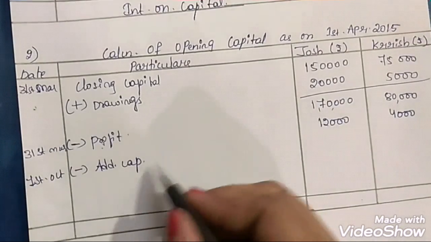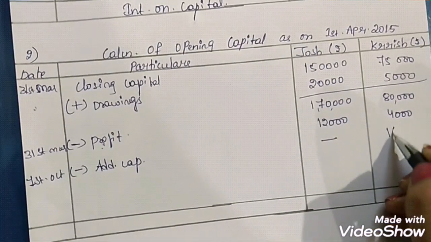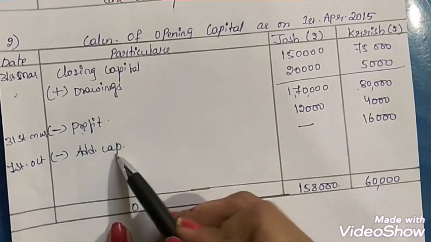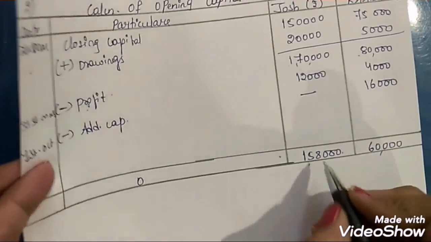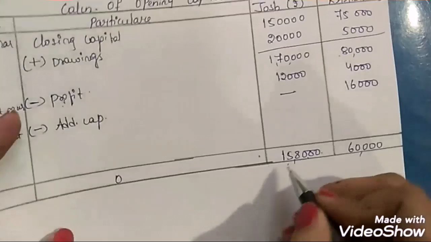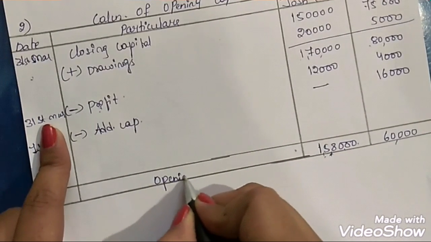The additional capital is nil for Josh and rupees 16,000 for Krish. So when we deduct profit and additional capital from this amount, we get rupees 1,58,000 for Josh and rupees 60,000 for Krish. So this we can call the opening capital.